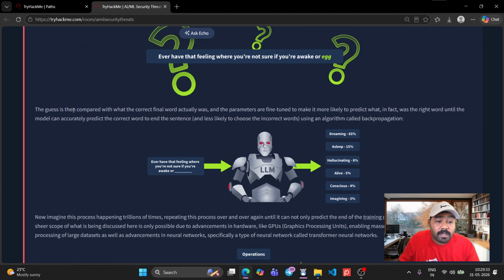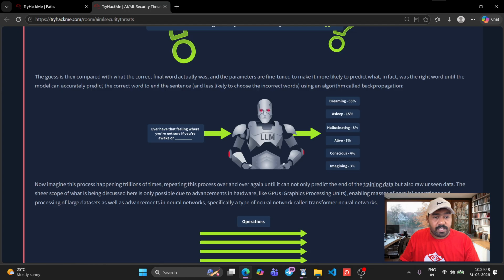This guess is then compared with what the correct final word actually was, and the parameters are fine-tuned to make it more likely to predict the right word, until the model can accurately predict the correct word at the end of that sentence and is less likely to choose the incorrect word, using an algorithm called backpropagation.